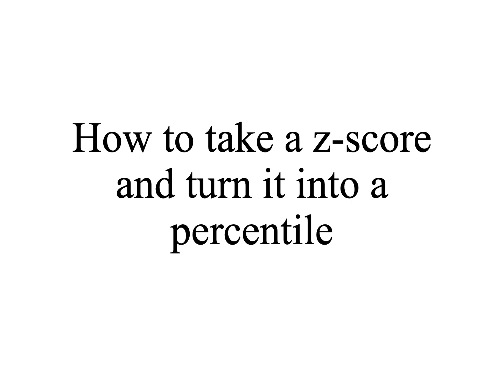So now we are ready to discuss another transformation, how to take a z-score and turn it into a percentile. After that, we will discuss the reverse of that, how to take a percentile and turn it into a z-score. There are 3 steps involved when you start with a z-score and turn it into a percentile.